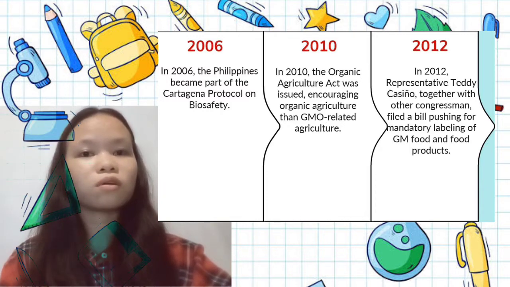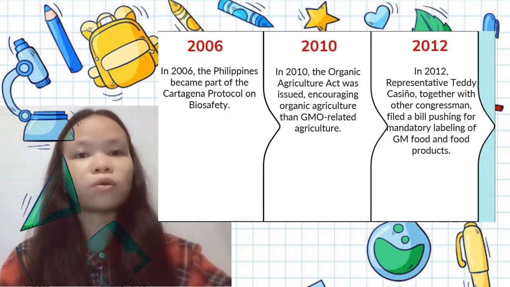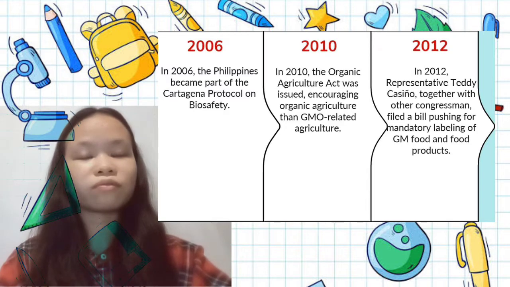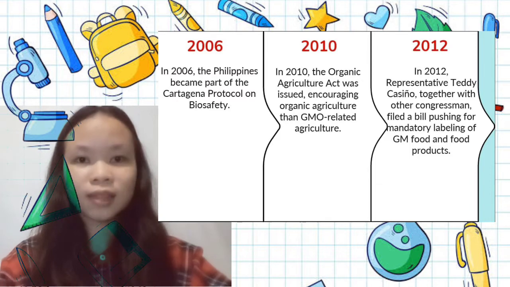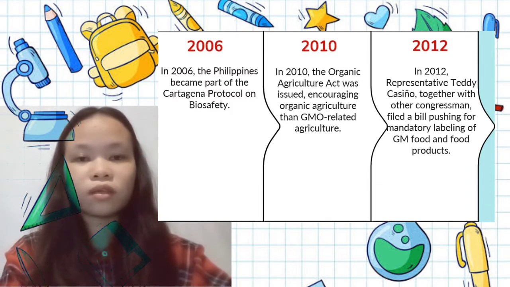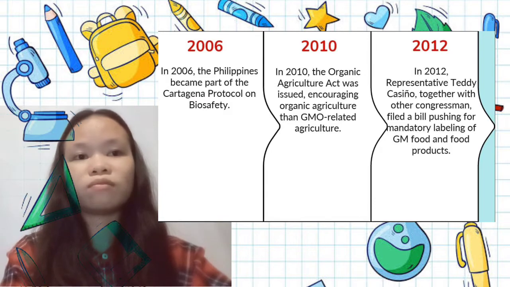Prior to this act, several provinces like Negros Oriental and Negros Occidental agreed to support organic agriculture. There was an establishment of the Negros Organic Island through a memorandum of agreement, and these two provinces, Negros Occidental and Negros Oriental, banned the entry of GMOs and living GMOs in their provinces.